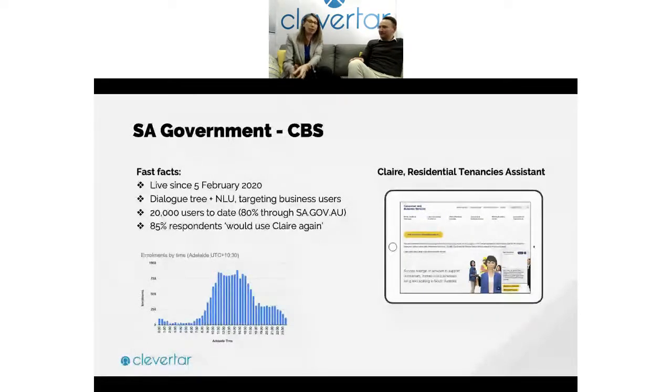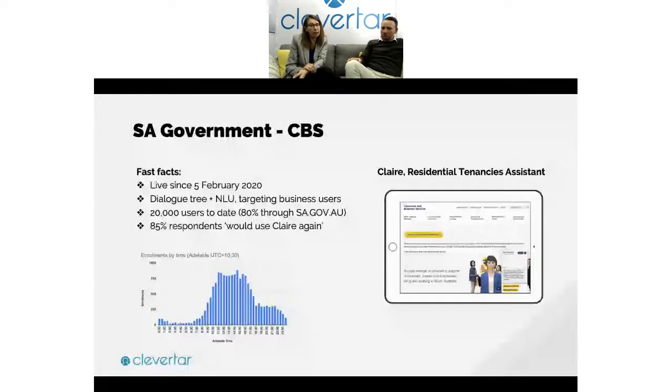And what's interesting, the little chart I've shown there is actually when users are accessing Claire. They're using the service through business hours, which we expected, but then quite a lot after hours, which has been extremely heartening for CBS because that's when their contact centre is not available.